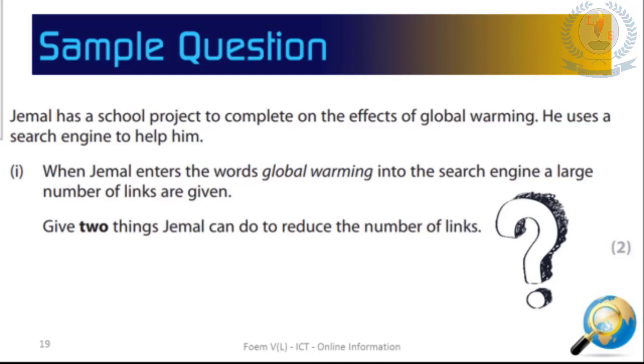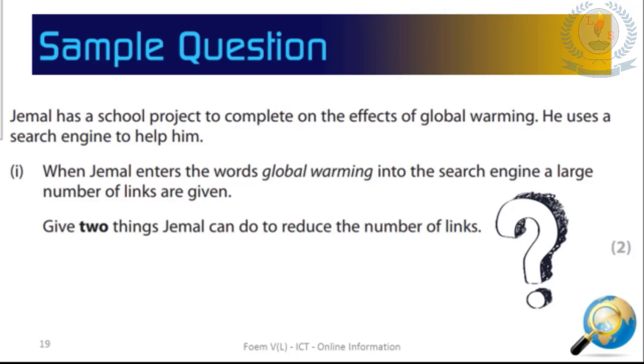We all know that after typing the keywords, a lot of results, that means a number of hyperlinks, will be given. So how can we find the relevant one? We are in trouble. So children, look, he wants to find the effects of global warming, but Jamal has entered just global warming. What is the difference?